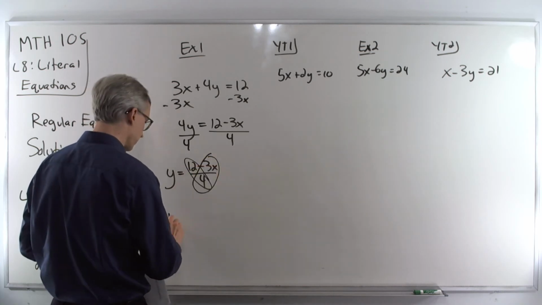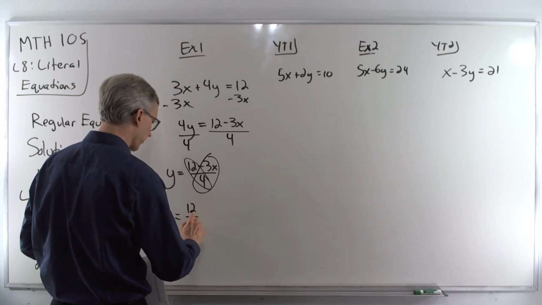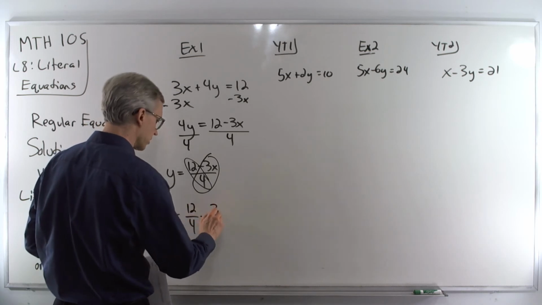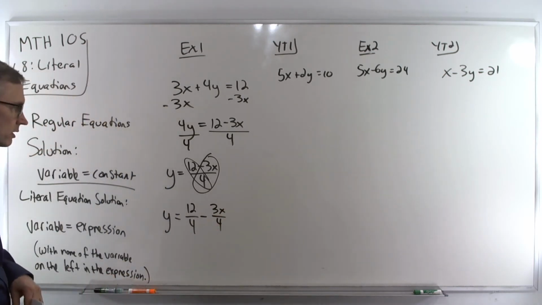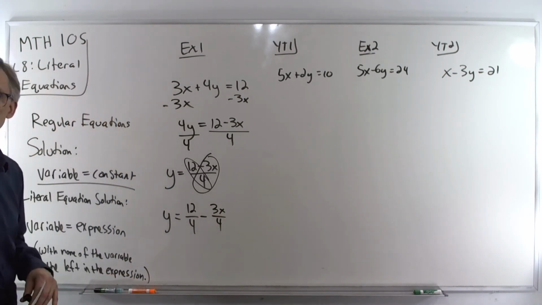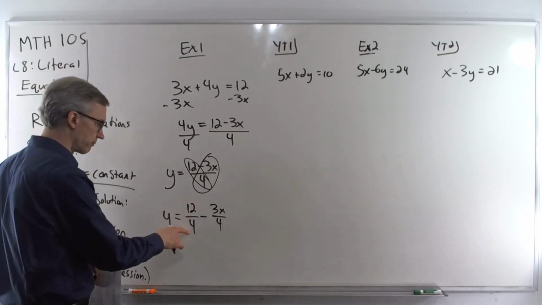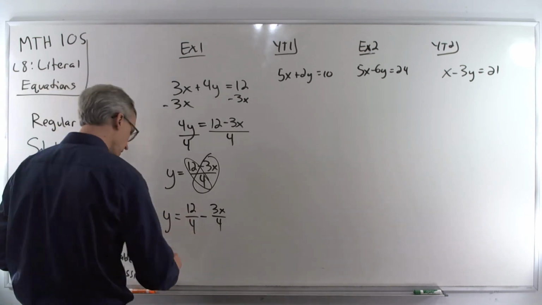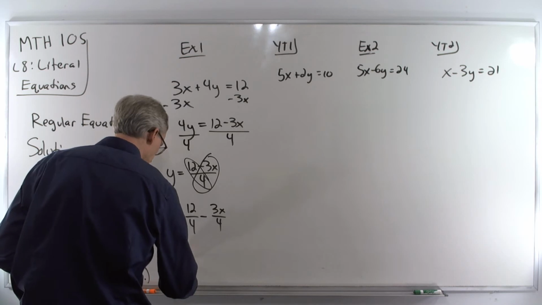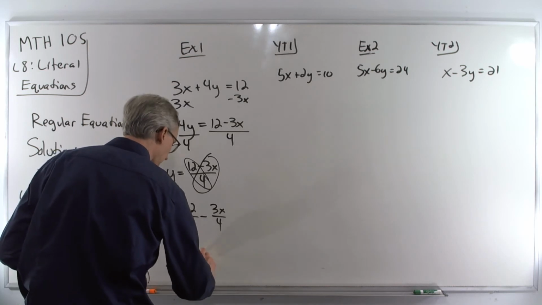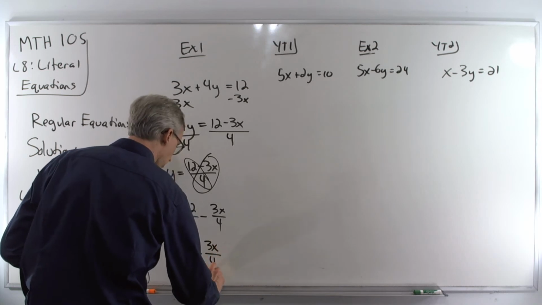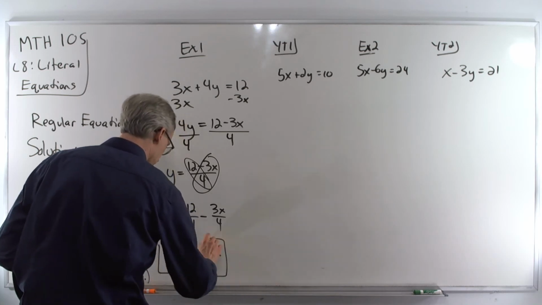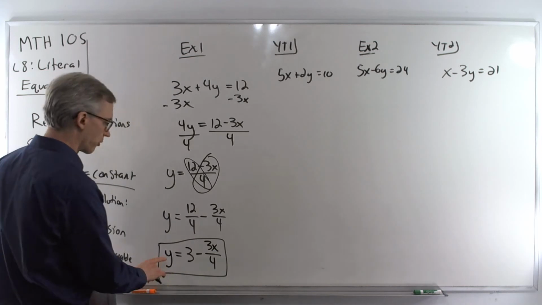So this splits up into 12 over 4 minus 3x over 4. And then within these fractions, we can look for opportunities to simplify. 12 divided by 4 is 3. So our final answer is going to be y equals 3 minus 3x over 4. Now we've solved for y. y is by itself.